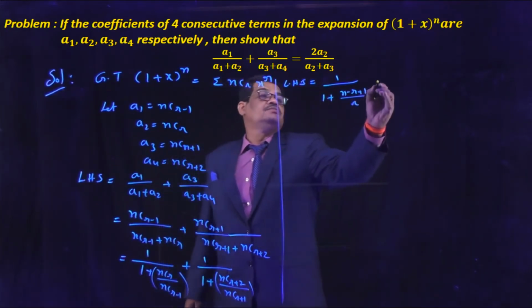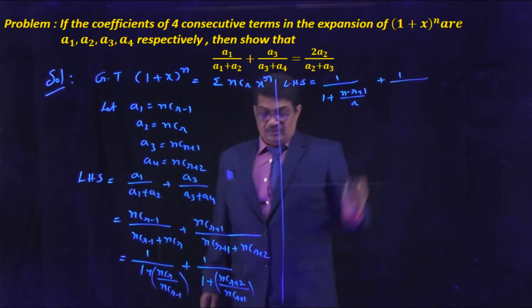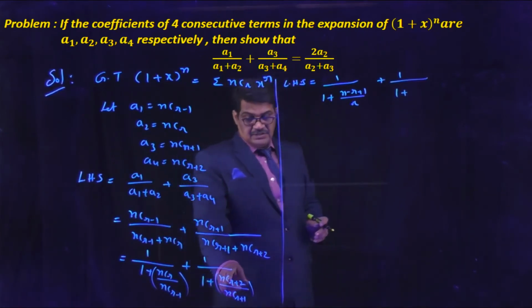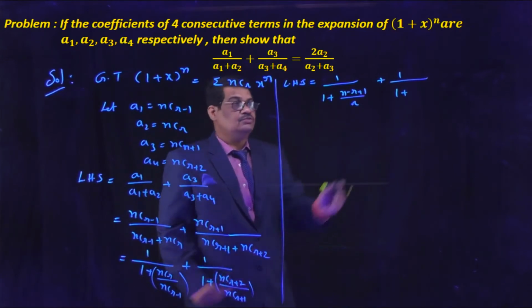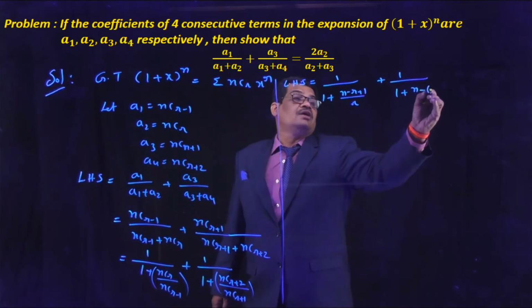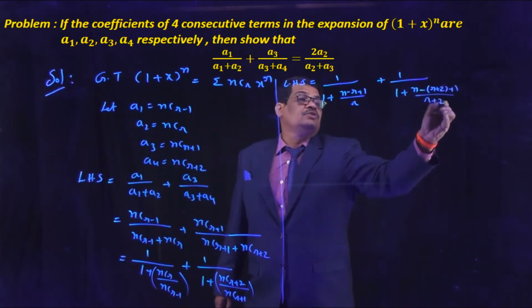Next, in the second term, we are writing 1 by 1 plus nC(r+2) by nC(r+1). Here r is r + 2. Now, using the same formula, n minus r, r is here r + 2, plus 1 by r + 2.